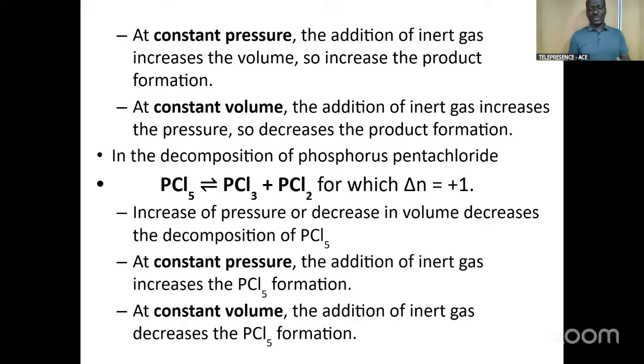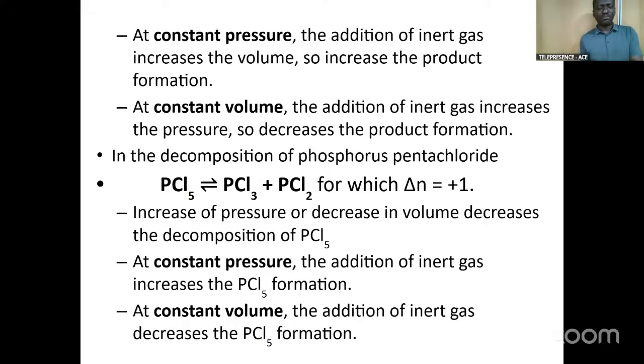And if pressure is increased, the only way the equilibrium will respond is to consume more number of moles. Therefore, addition of inert gas to the system displayed above will favor the formation of PCl5. That is, it will shift equilibrium to the left because that's the direction that consumes more number of moles.